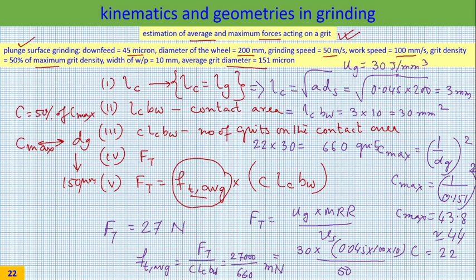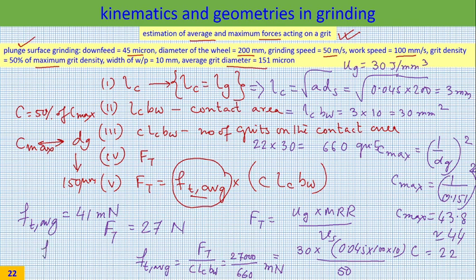So it becomes 27,000 divided by 660, which is around, it's a nice number, FT average is around 41 millinewton.